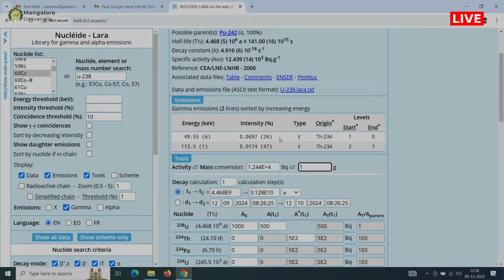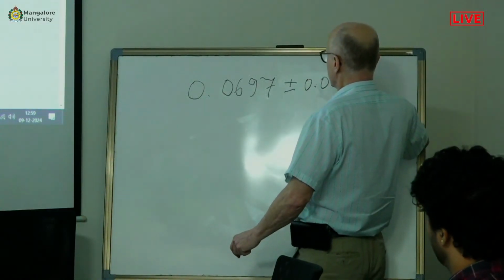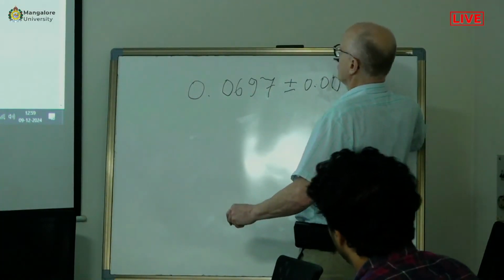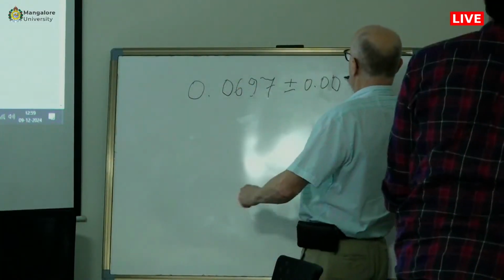So it's a normal, well, it depends what is normal, but in that case, 0.0697 plus minus 0.06, 0.26.